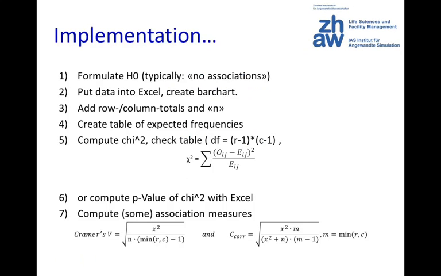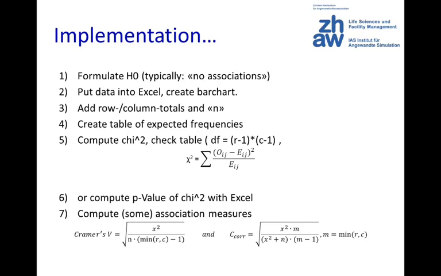Our recipe consists of 7 steps. The first step, we formulate our null hypothesis. This null hypothesis typically aims at saying that there are no associations. Let us formulate something here.